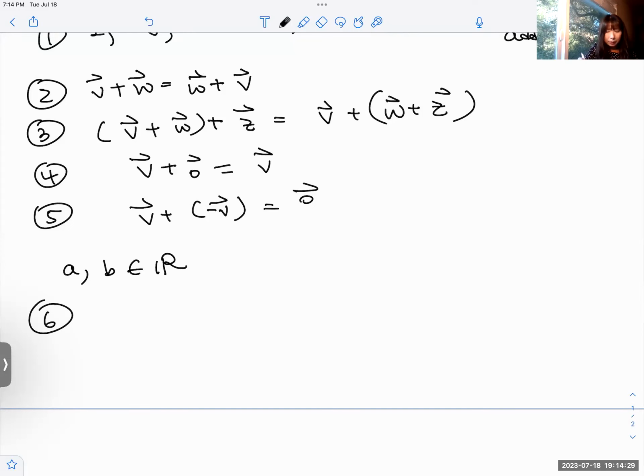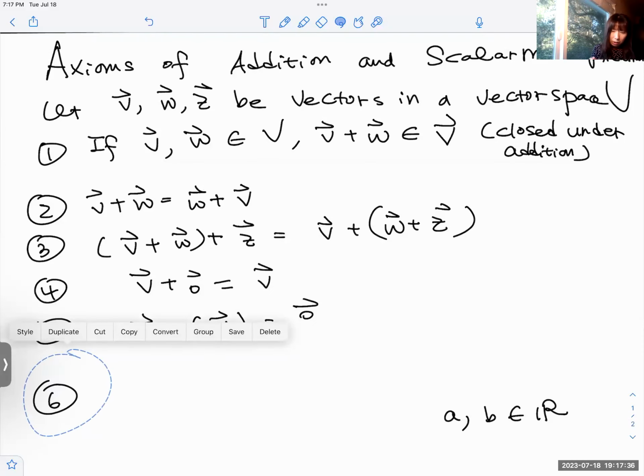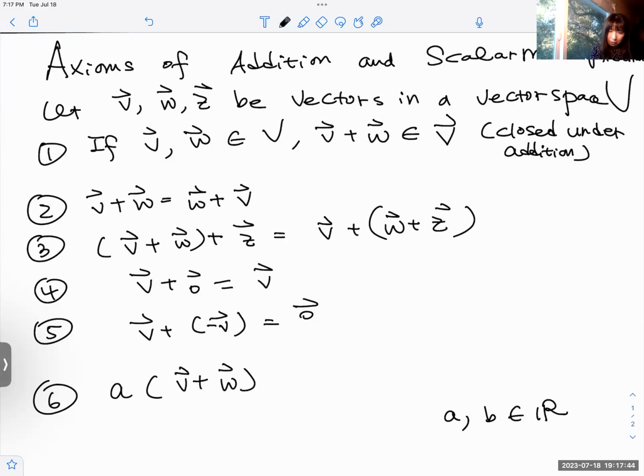Number 6: scalar A times V plus W equals AV plus AW.